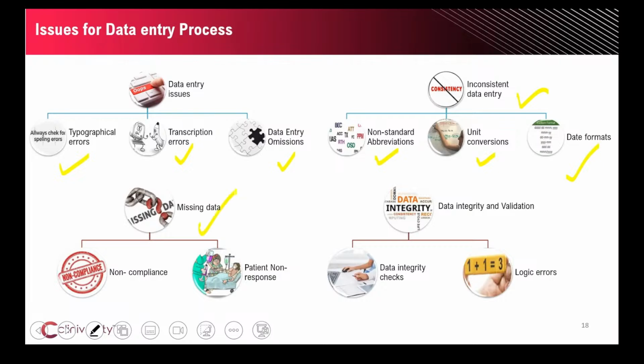Then comes your missing data. Again, there will be non-compliance where the site does not follow the data entry instructions, and that would lead to missing or incomplete data points. This often happens where they don't read the entry guidelines and then they update the information. An example would be action taken with IP.